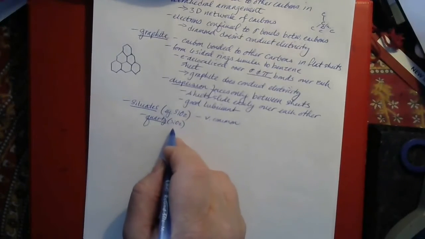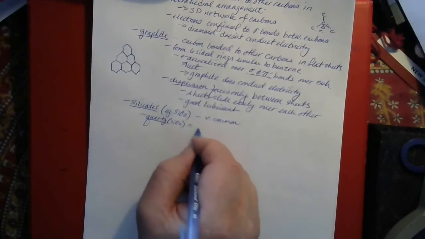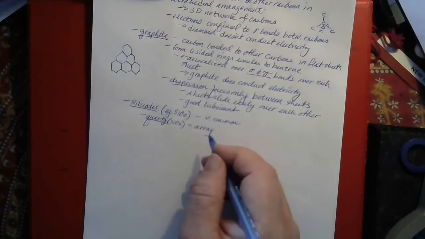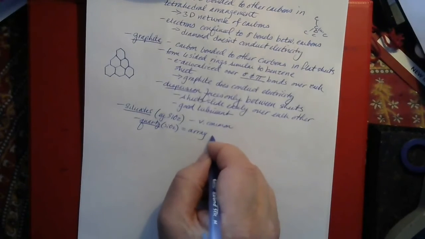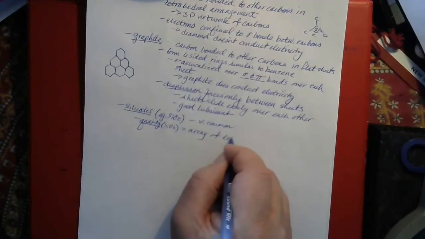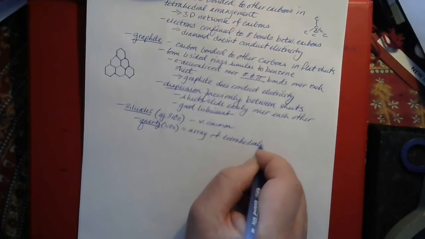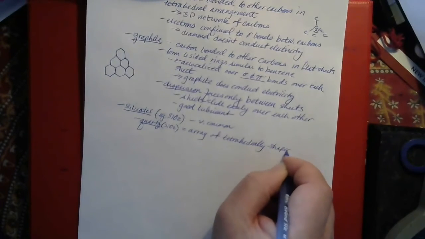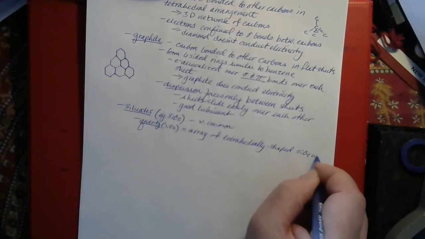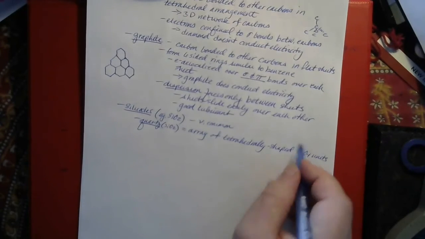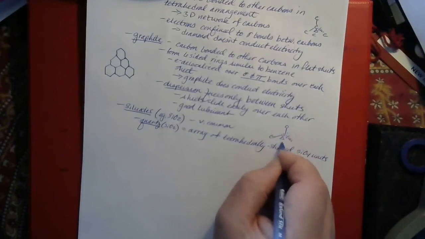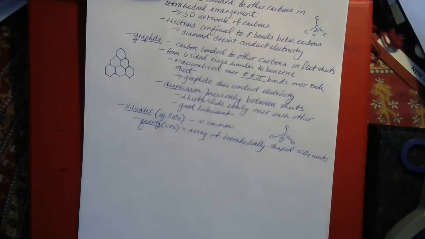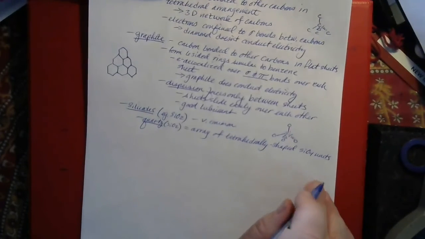Quartz, which is the crystalline form of silicon dioxide, is an array of SiO4 arranged in tetrahedrons. SiO4 would have silicon in the center and oxygens around the outside, but then these oxygens are bonded to other silicons, and those silicons are bonded to other oxygens, and so on.